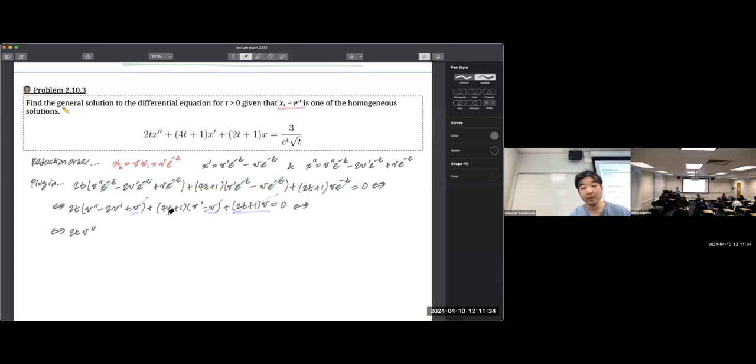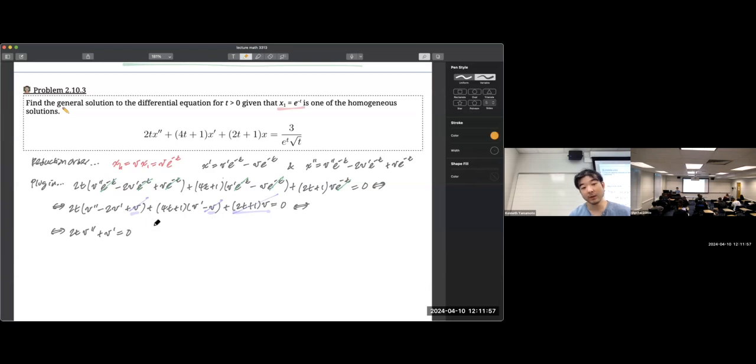This is going to be a 4t plus 1v prime. So you have, let's see, 2t times minus 2v prime is negative 4t v prime. This is a positive 4t v prime, so there's only one v prime left. It's equal to 0.